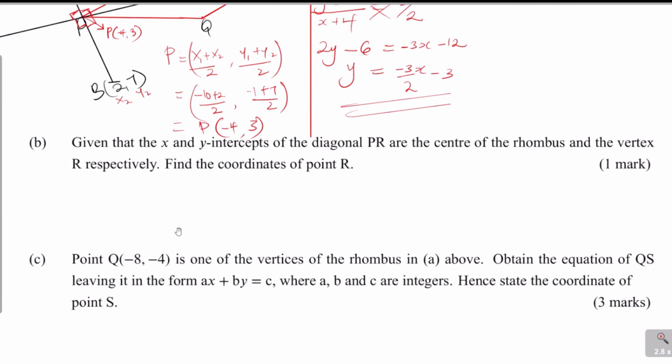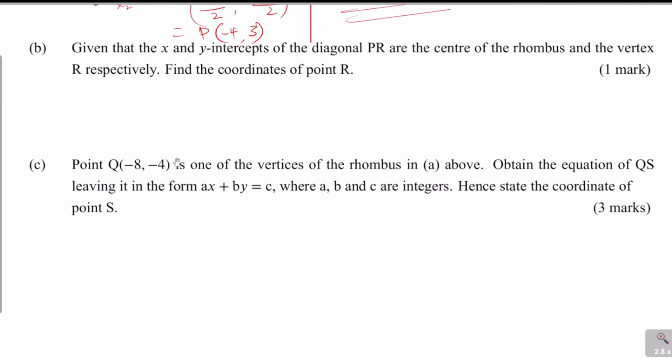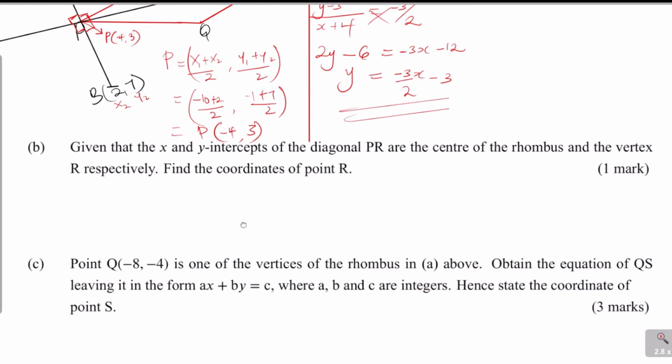We go to the second part. Given that the x and y intercepts of the diagonal PR are the center of the rhombus and the vertex R respectively, find the coordinates of R. So 2 things here, the x and y intercepts of that diagonal whose equation we've just obtained.